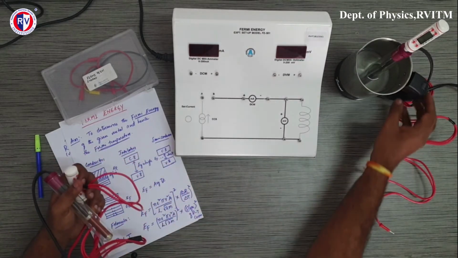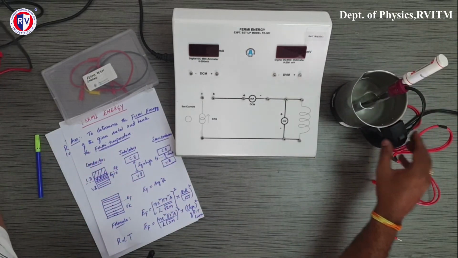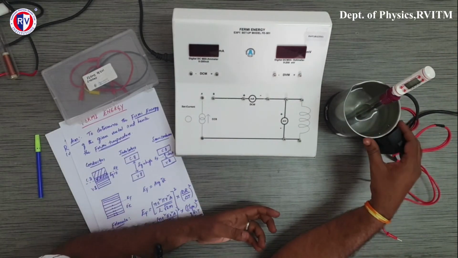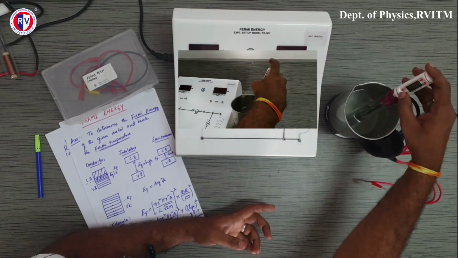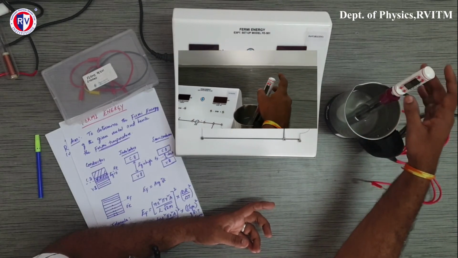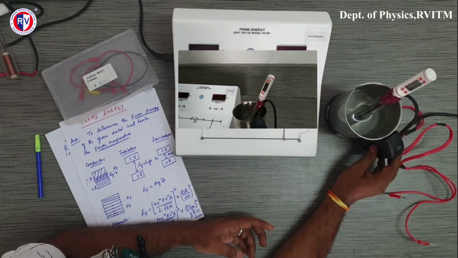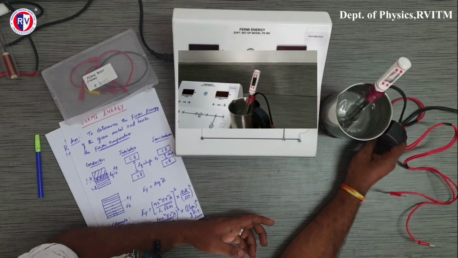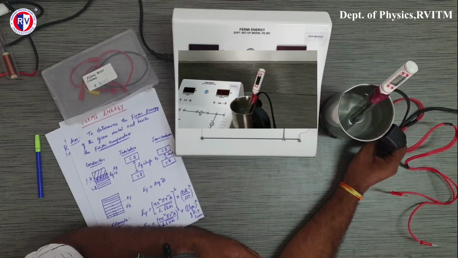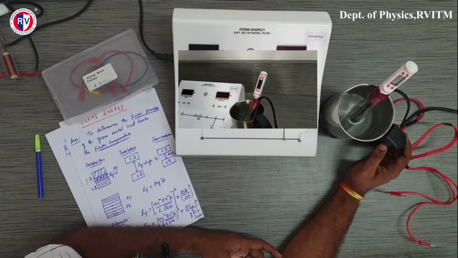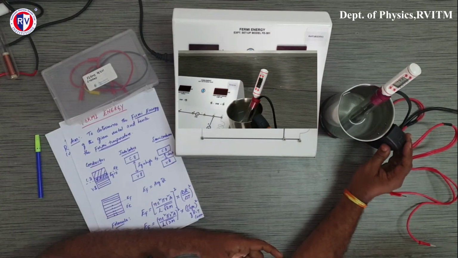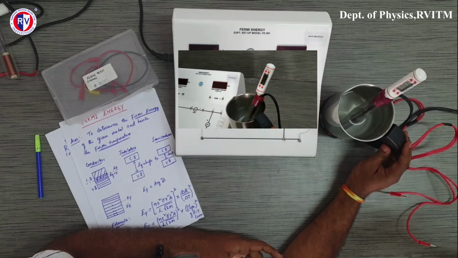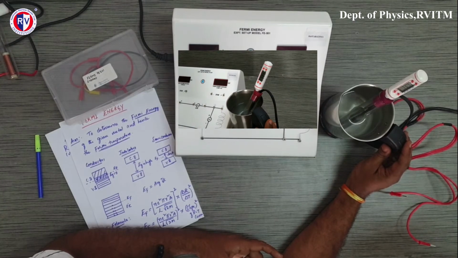While conducting this experiment, initially you heat the water. We can use a beaker, but here we will directly use a kettle with hot water. I'm going to boil the water now, so the temperature goes on increasing.